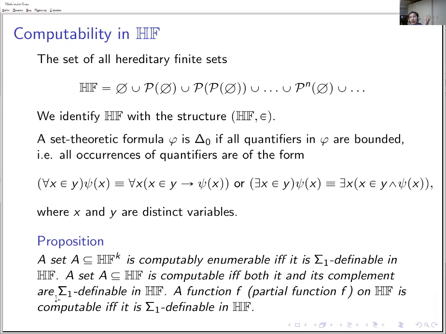Once you have this pairing function and sets, you could encode all kinds of finite objects in a very straightforward manner. So it's much easier to talk about computability in HF than in the naturals. But basically, it is the same thing.